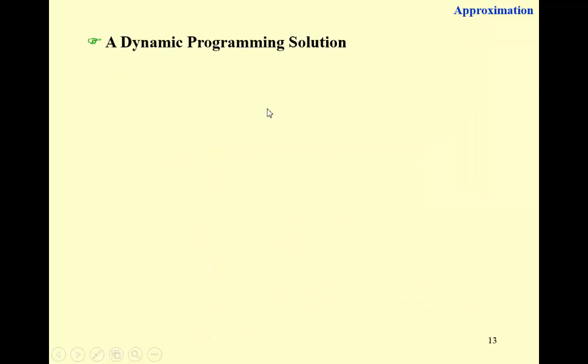Yes, sure. Let's think in DP, dynamic programming. And there are actually 3 dimensions to construct the solution. One is the set of items. So a subproblem contains a subset of the items, right?